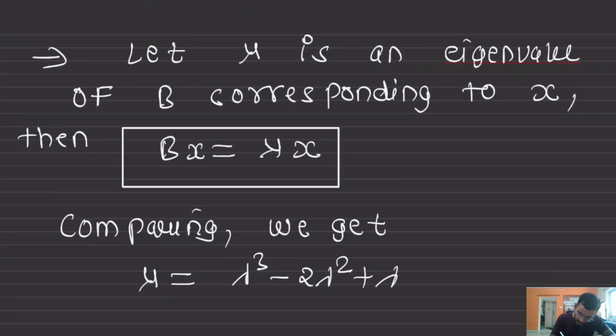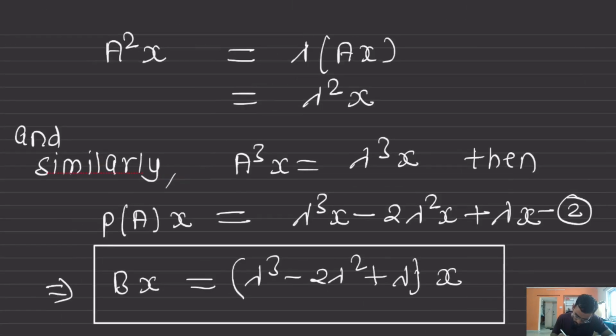Let's say mu is an eigenvalue of B corresponding to eigenvector x. Then we can write that Bx is equal to mu x, because x is an eigenvector of B corresponding to eigenvalue mu. Here we have Bx equal to this.